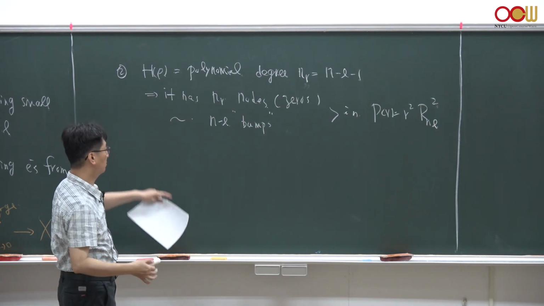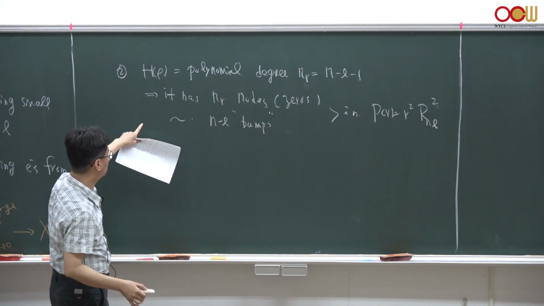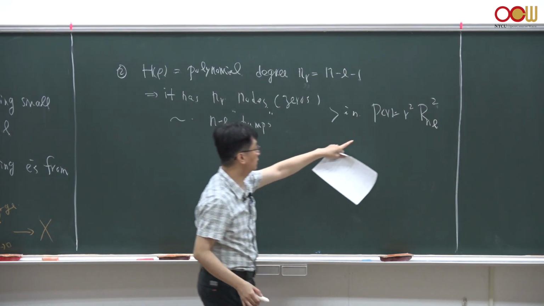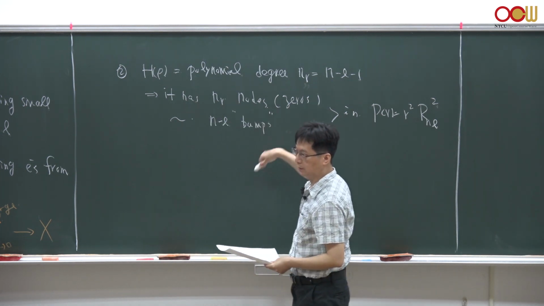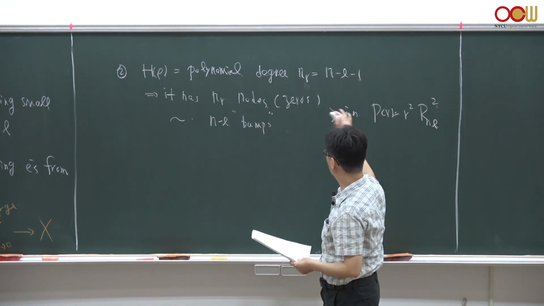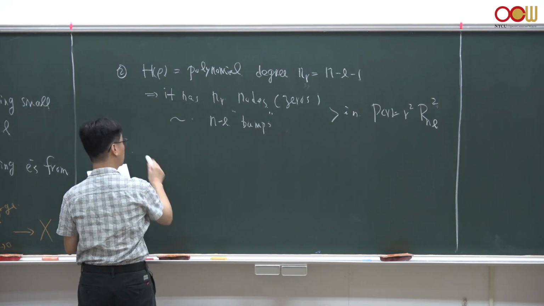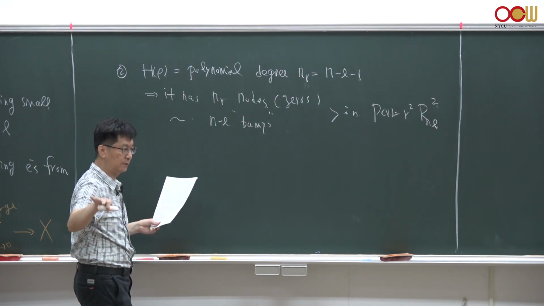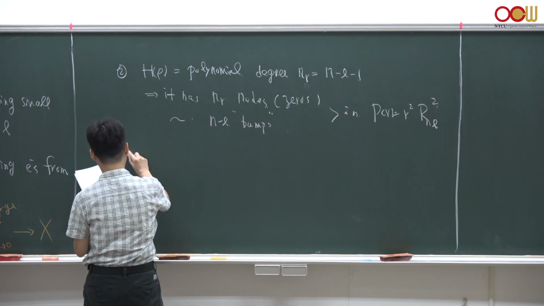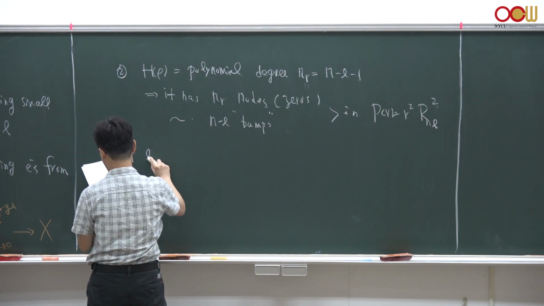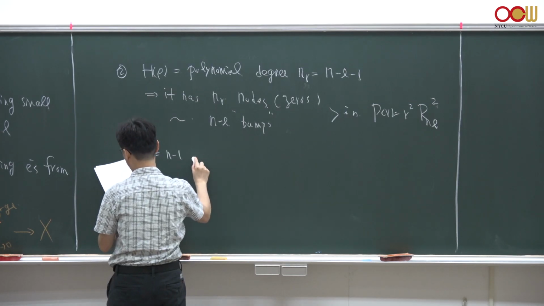So let's make some plots of this probability distribution in the radius direction, and you'll see there are some ups and downs, nodes and bumps, which correspond to the maximum or minimum value of this probability distribution. Suppose L is actually n minus 1.